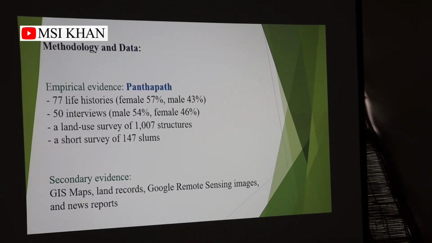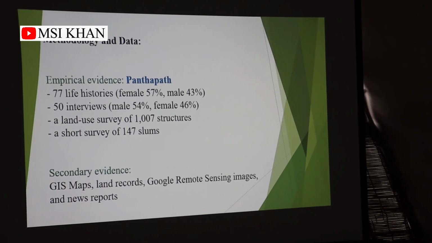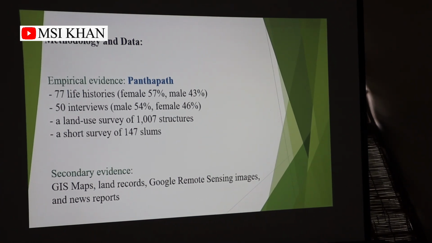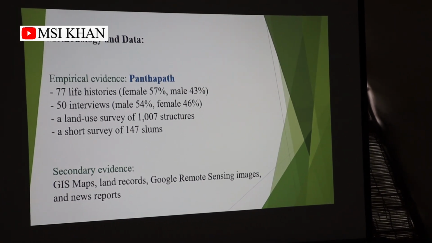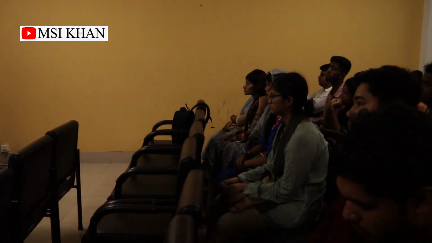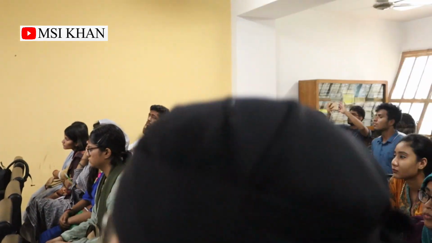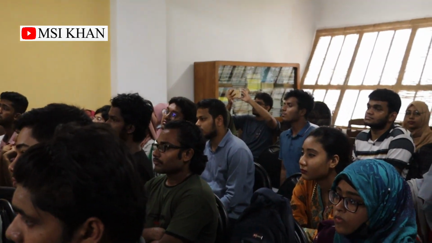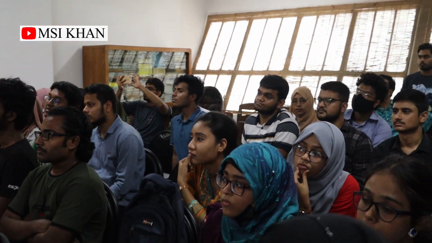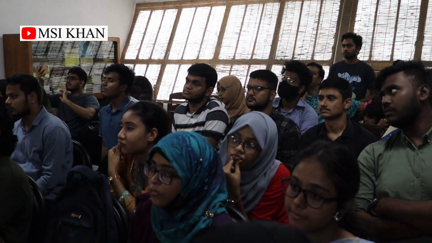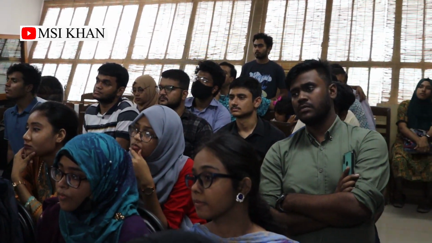So my methodology and data sources: collected from that street, 77 life histories, 50 interviews, a land use survey of 1007 structures within this area. So 1700 structures you can find here, buildings and other slum structures. Then a short survey of 147 slums. So it's huge data.